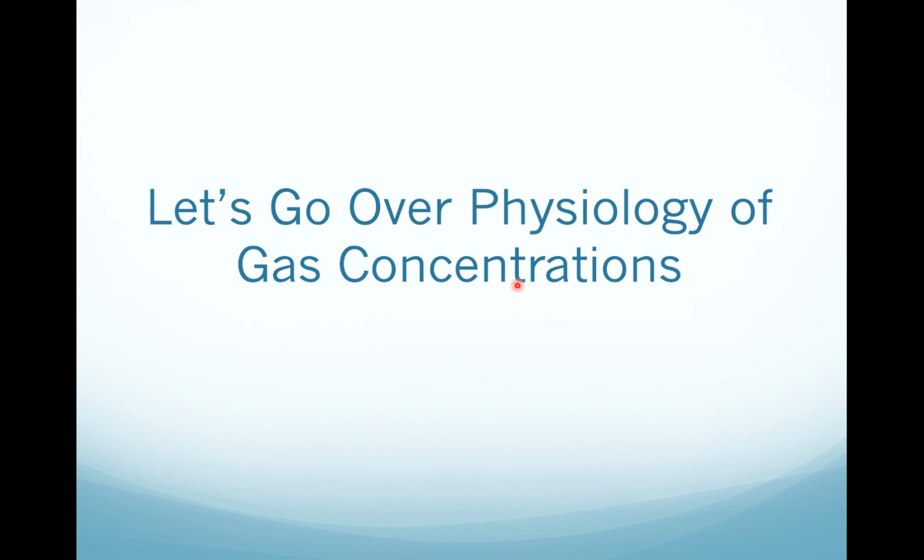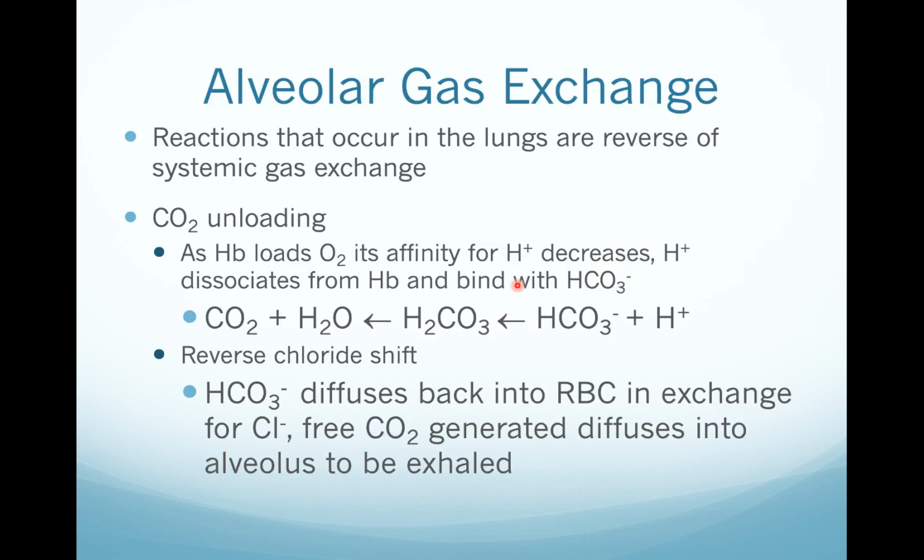Now let's go over the physiology of gas concentration. A good amount of this will be a review, but some of it might be new information. So here is the equation, my friends. CO2 plus H2O gives you carbonic acid, and that breaks down to bicarbonate and a proton. This is the way carbon dioxide likes to travel in your blood.